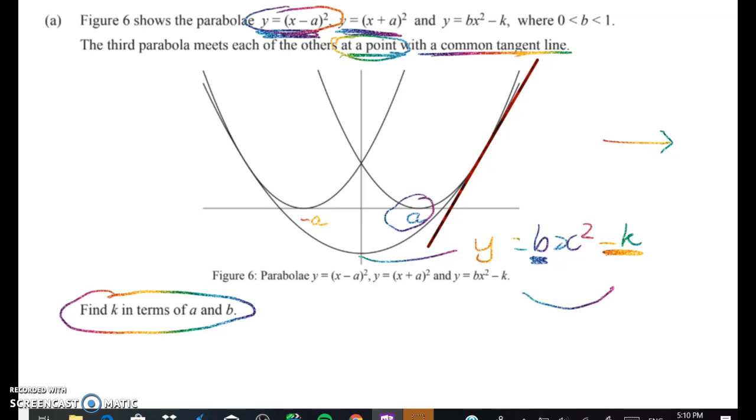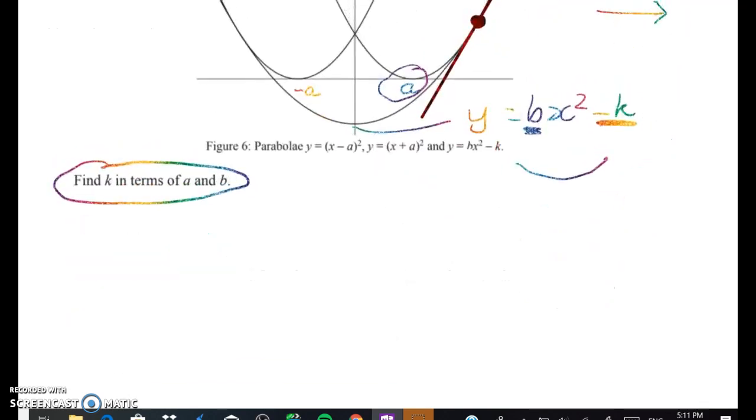You don't have to draw that in, but hopefully that prompts you to do a couple of things. Notice that we're looking for the gradient of the curves, wow, what a mess I'm making, to be equal. And we also know that that's going to happen at a point, and a point has x and y coordinates. So my strategy is going to be this. First of all, find the gradients.